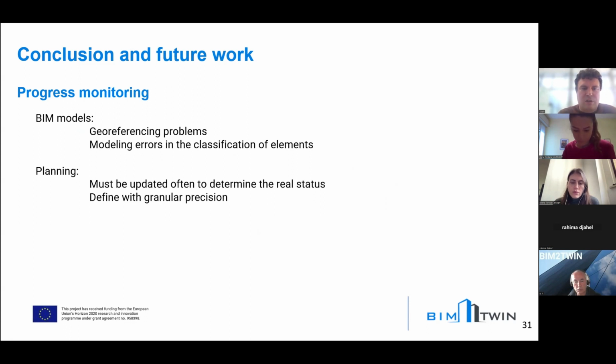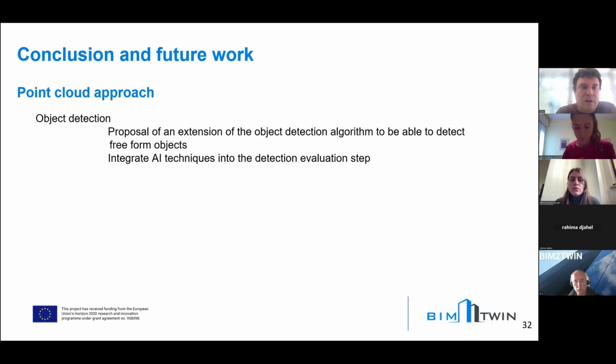We also need granular precision in this planning to monitor the progress better, because if you say, okay, in one month all the columns of the first floor, it will be better defining little zones and splitting the time into shorter periods. And for the point cloud approach, Rahima, I will let you explain this part.